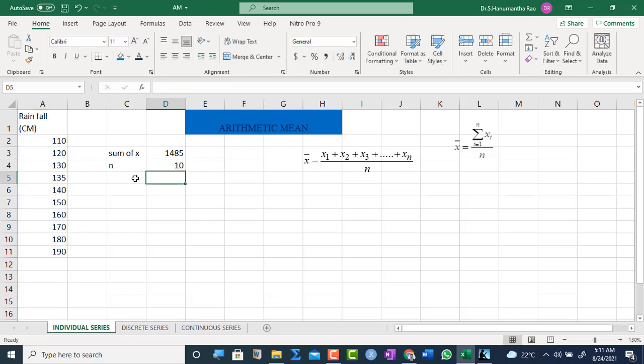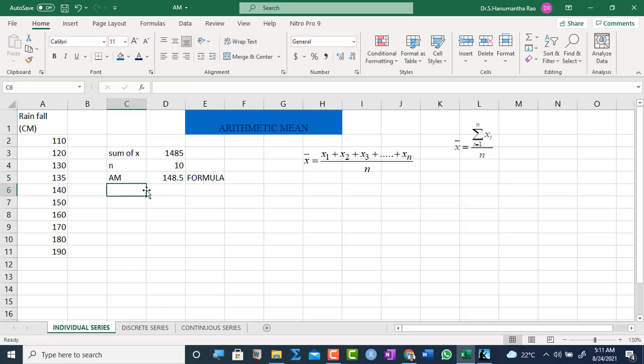So now I calculate the arithmetic mean: AM equals sum of observations divided by number of observations, n. So I got the average rainfall as 148.5 centimeters. This is based on the formula.